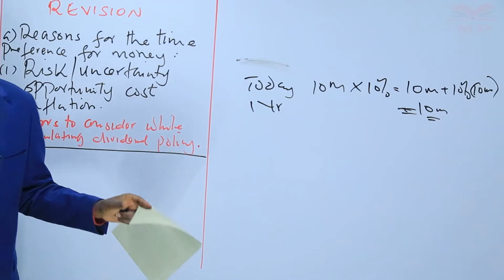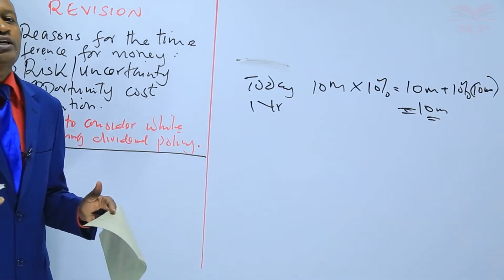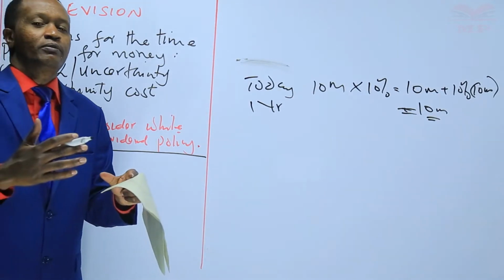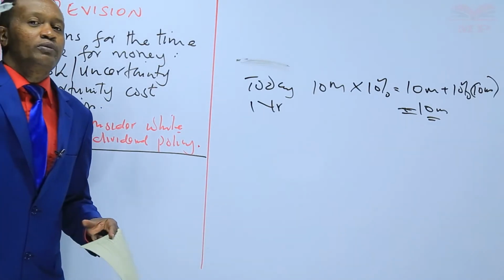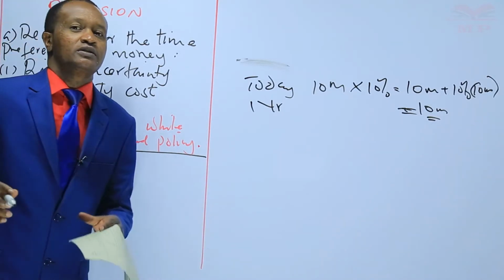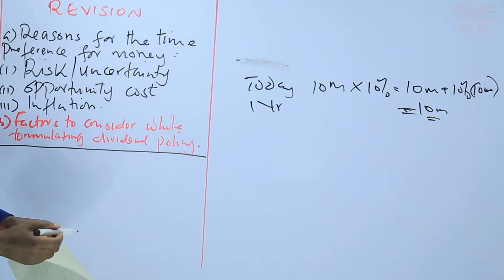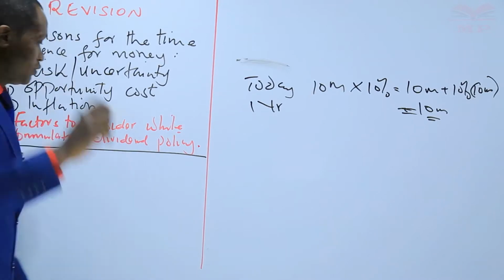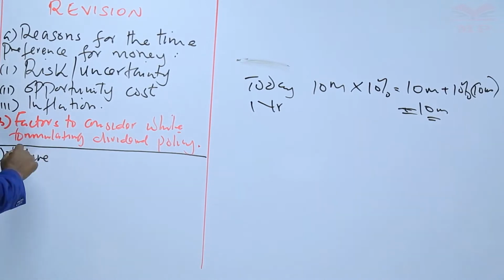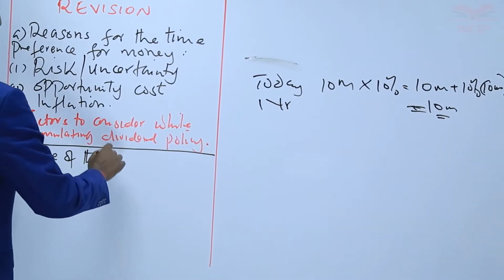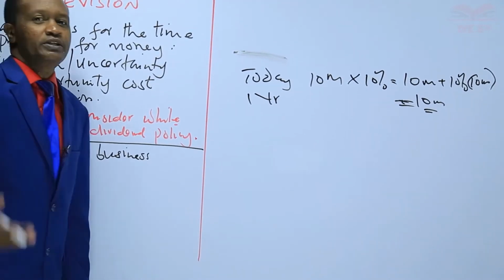So companies must have a policy on what to decide when it comes to paying of dividends. And there are various factors that must be put into consideration when developing a dividend policy. The first one is the nature of the business.